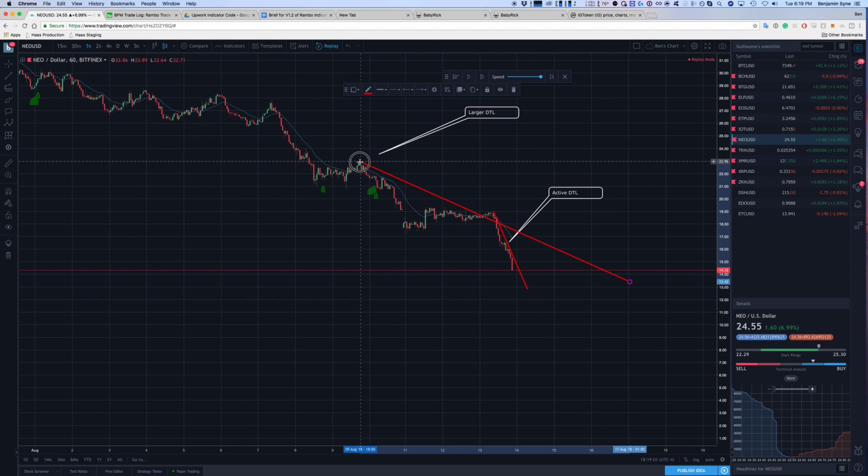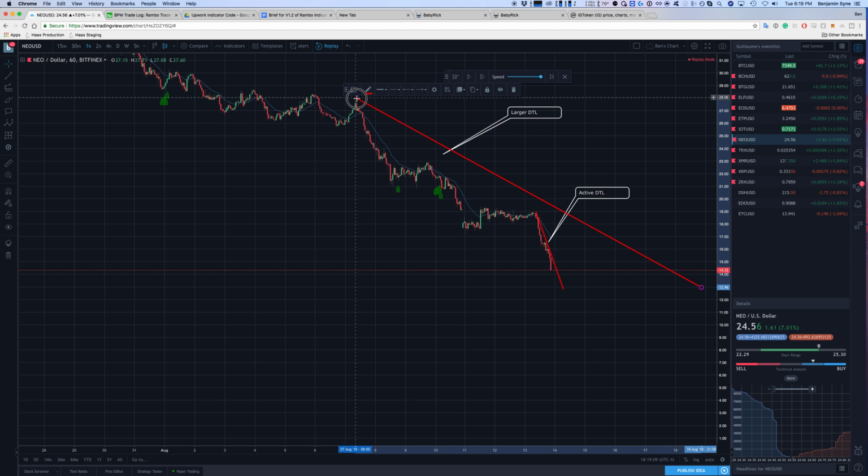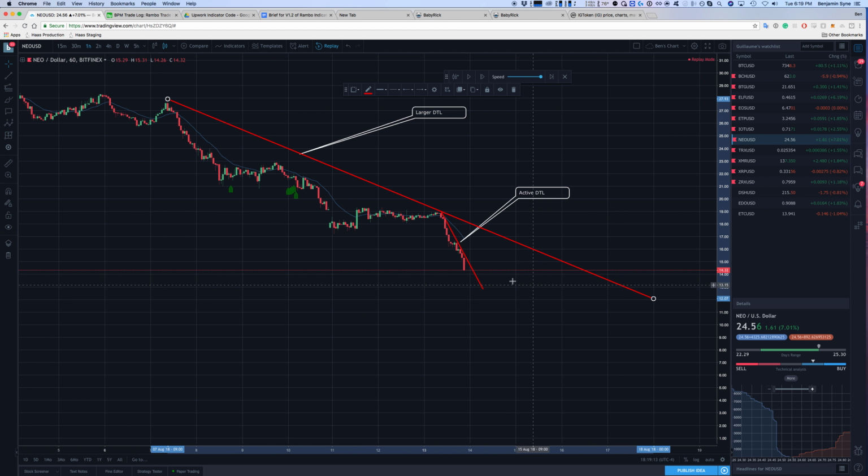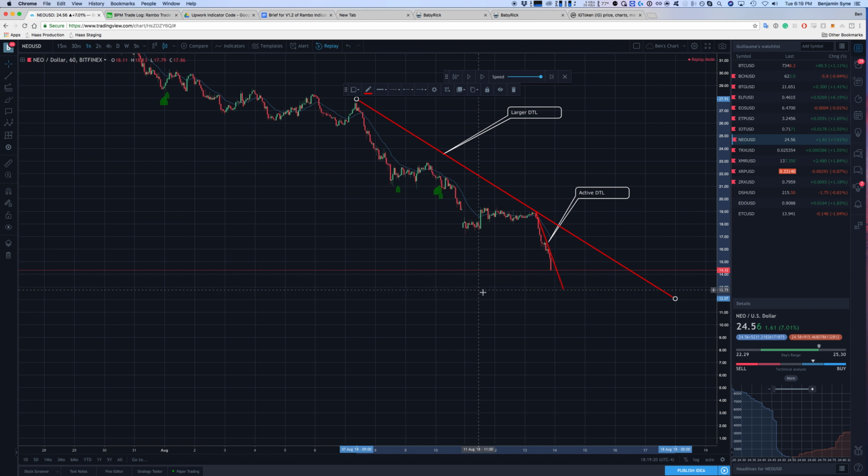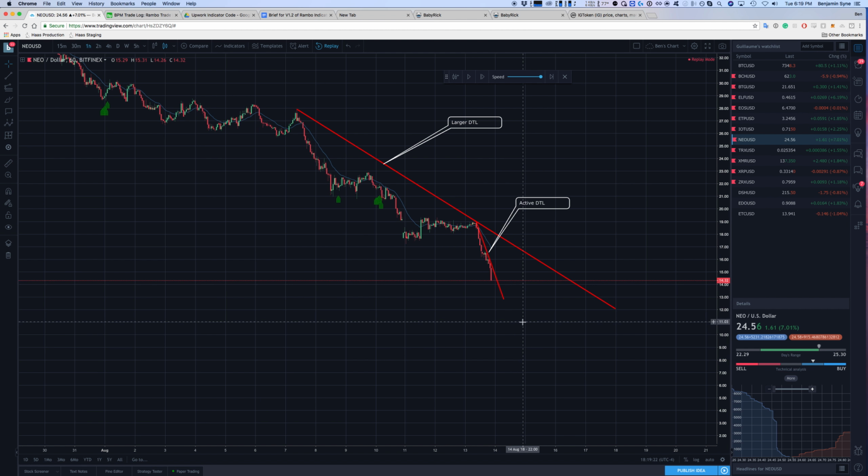And I guess in certain cases you could even say that it was this or this, but more importantly we wanted to make sure that we have something for the active downtrend lines to help confirm signals.